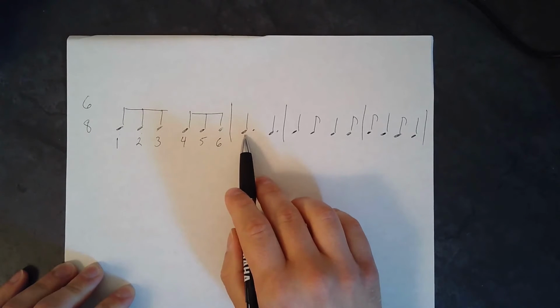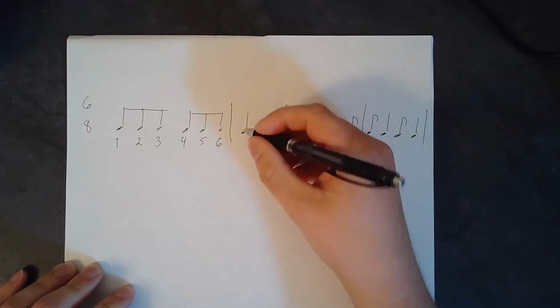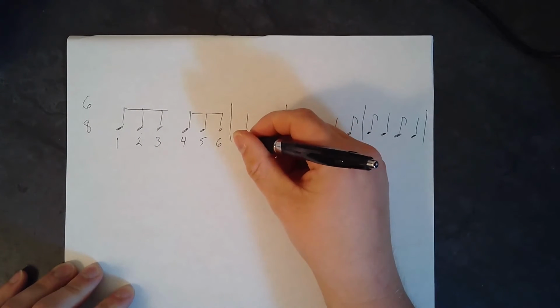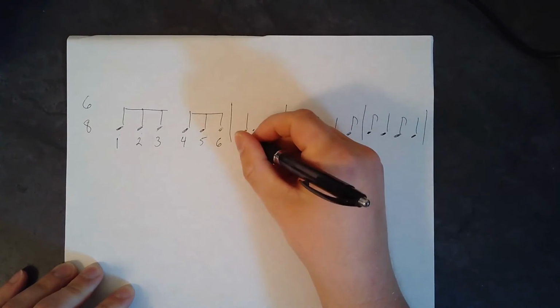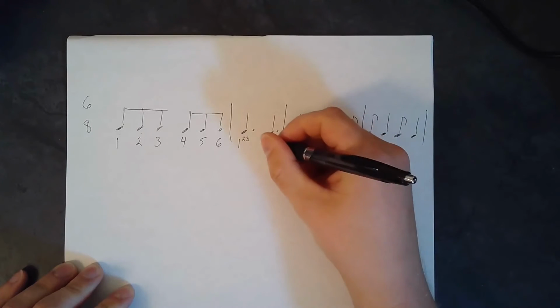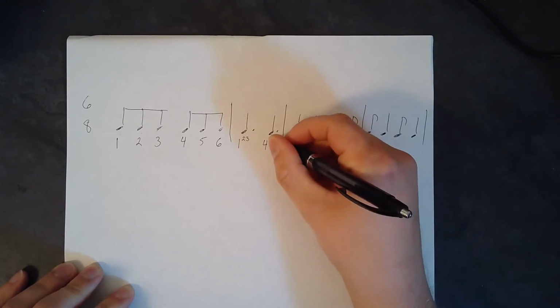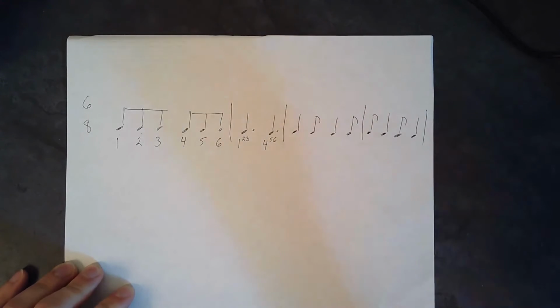Because we can fit 2 eighth notes in this quarter note, and then we add half of that back to the quarter note for a total of 3 eighth notes. So this dotted quarter note starts on count 1, but it also has counts 2 and 3, so they're going to be small. This quarter note starts on count 4, but it also has a little 5 and a little 6 because those counts are contained within that note.